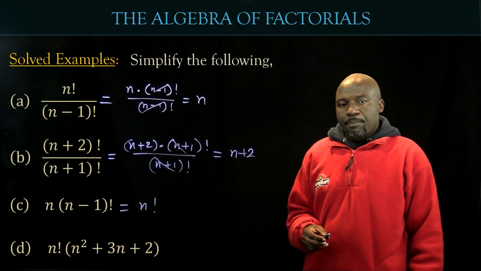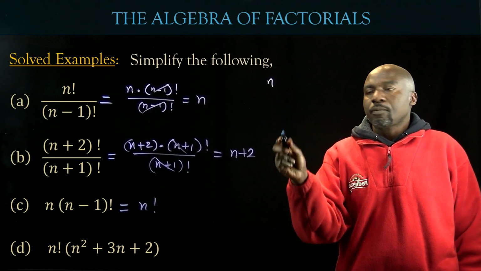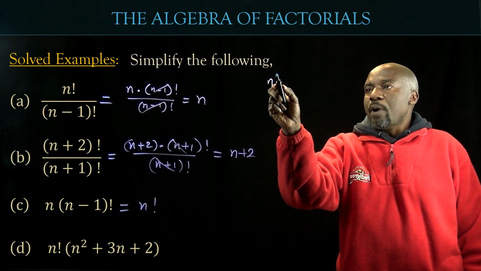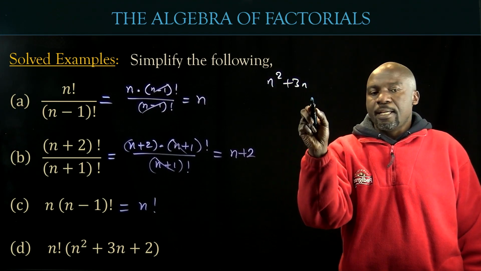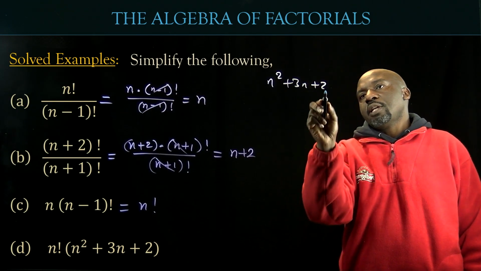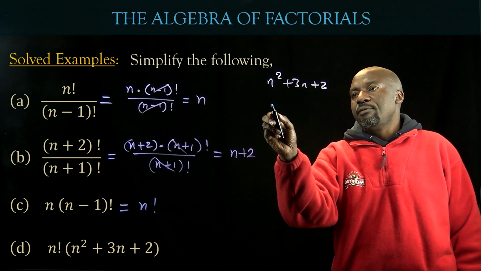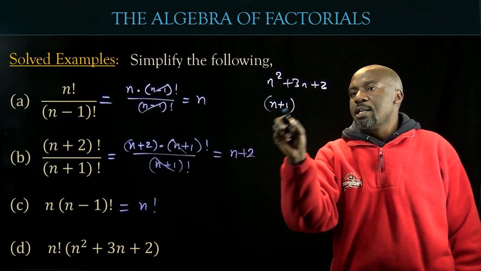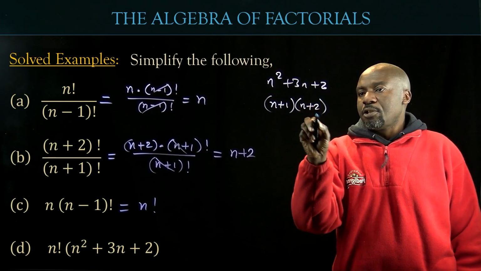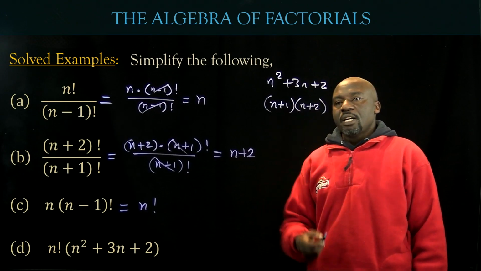To be able to answer part D, I need you to notice that n squared plus 3n plus 2 is a quadratic expression that can be factorized, I believe, into n plus 1 and n plus 2. Okay? Yeah, check, confirm that this is true.